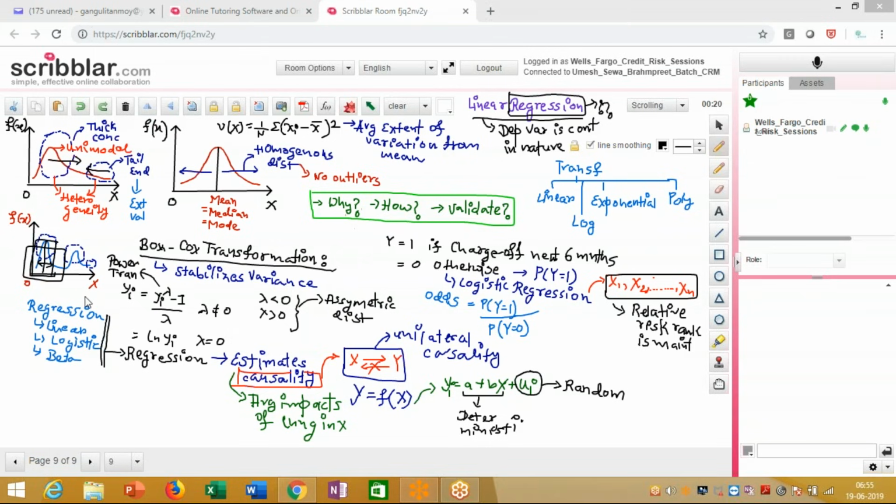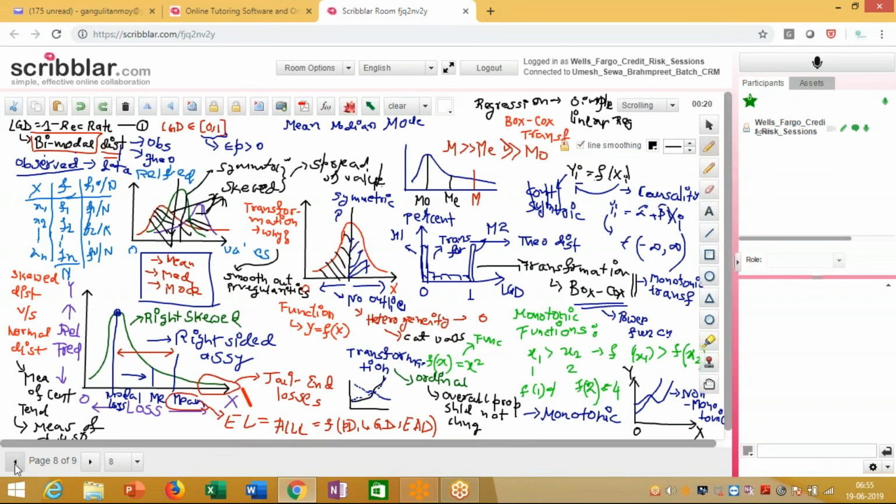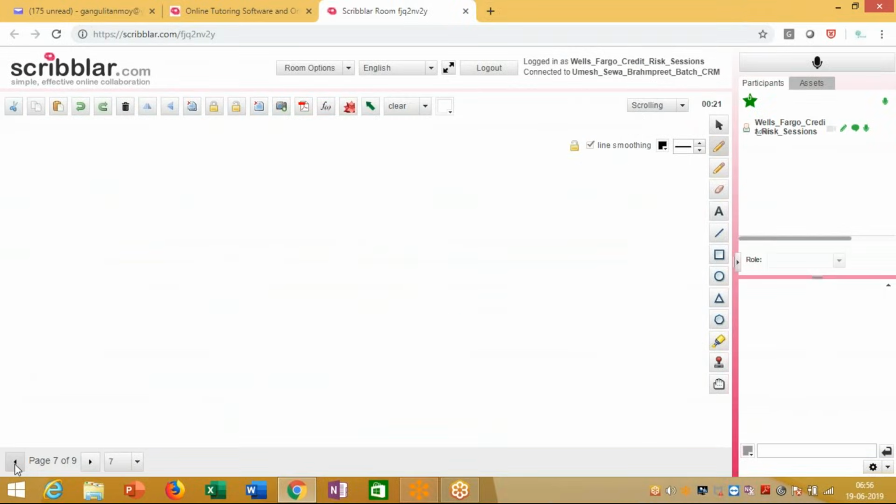If I go back a couple of pages, when we started our discussion, we talked about an equation of the LGD model, right? That there are certain factors which drive the LGD of a borrower. So what were those factors?